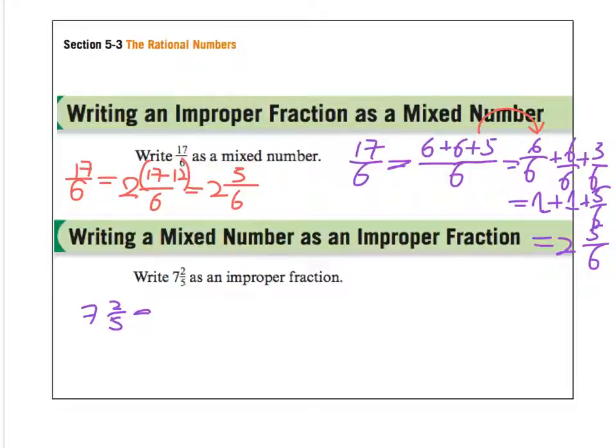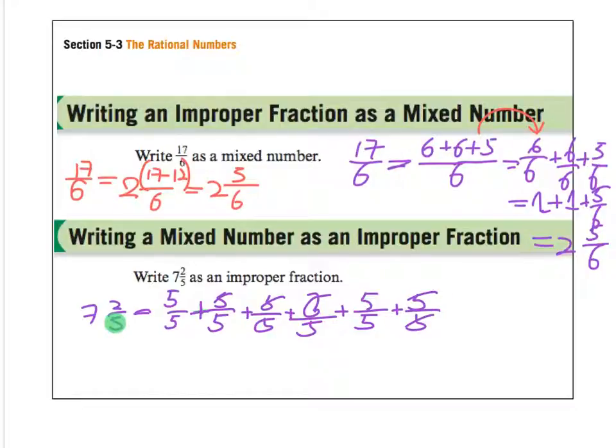Now, one way to write it is, because the denominator is 5, I have to use 5. Whoops, sorry, purple. I can write this 5 over 5 seven times. That will give me 7, right? 5 over 5, that's 4, 5, 6, 7.